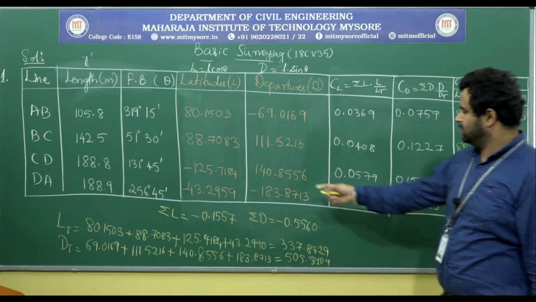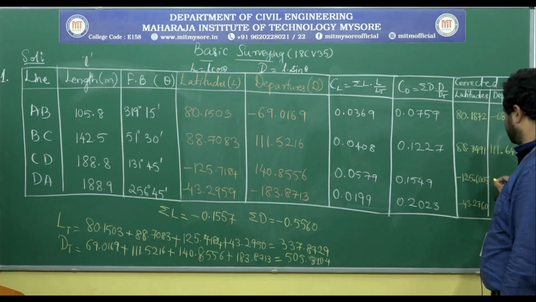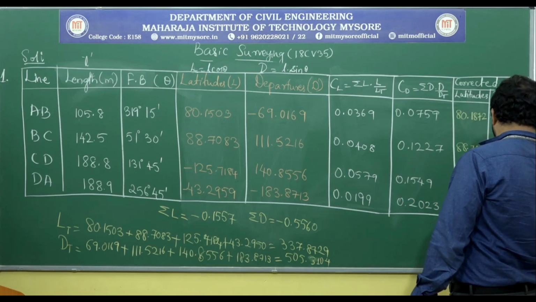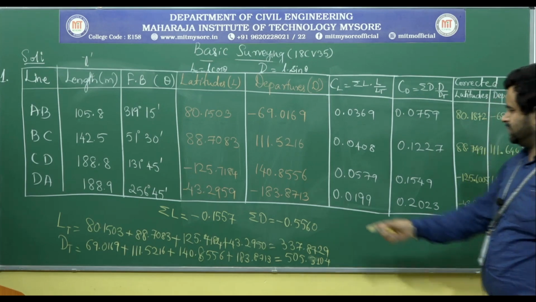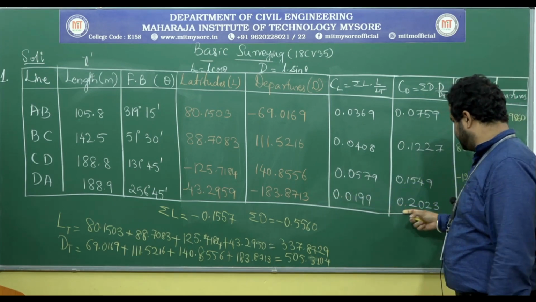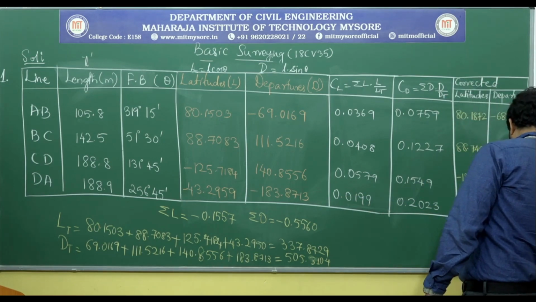Okay, next line, 140.8556 plus 0.1549 is equal to 141.0105. And at last, minus 183.8713 plus 0.2023 is equal to minus 183.6690.